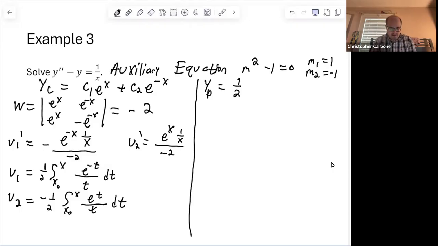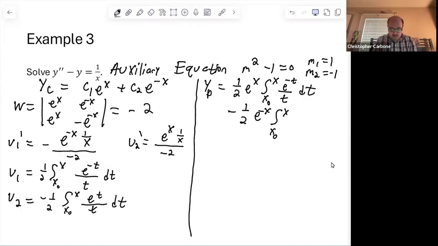So u sub 1 times y sub 1 will be 1/2 times e to the x times the integral from x sub 0 to x of e to the negative t over t dt. Minus 1/2 times, again, e to the negative x for u sub 2 times y sub 2 times the integral from x sub 0 to x of e to the t over t dt.